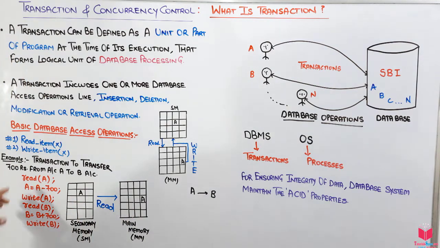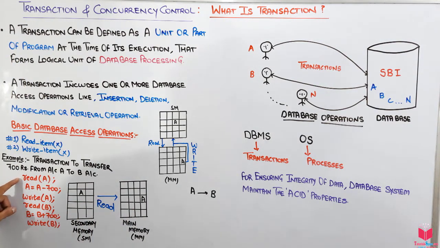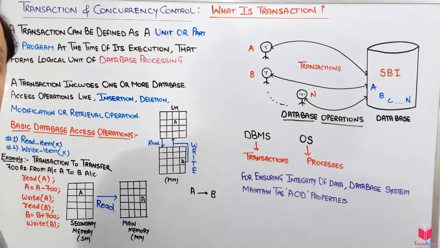So how can we do that? We first read A, that means we read account A, provide some information, or open that account. Then from that account we subtract 700.